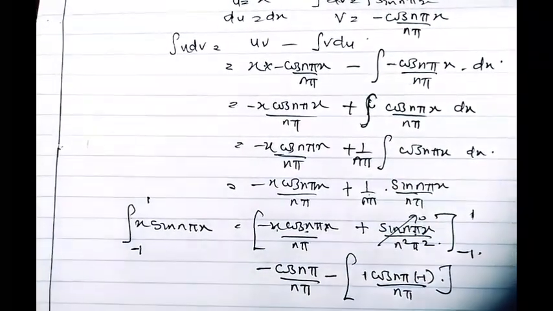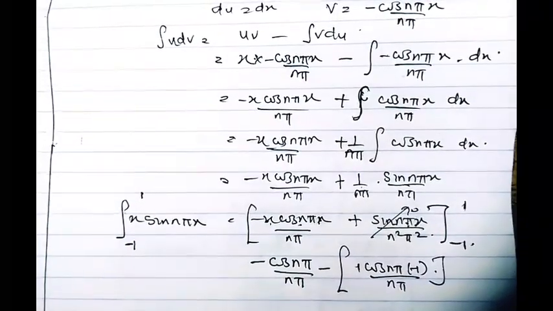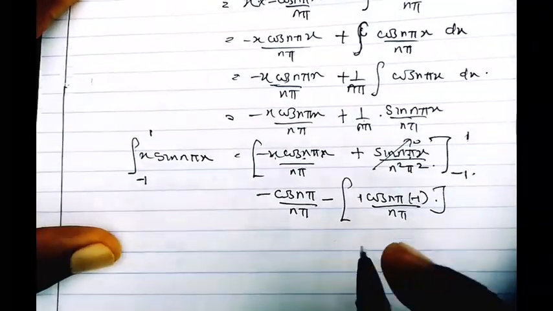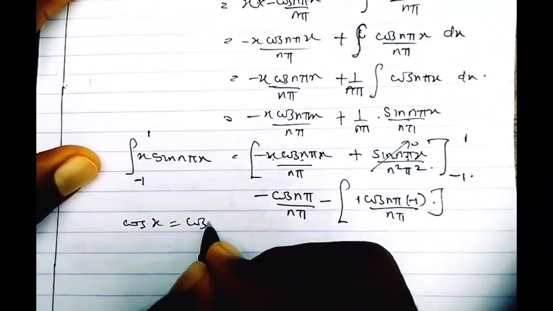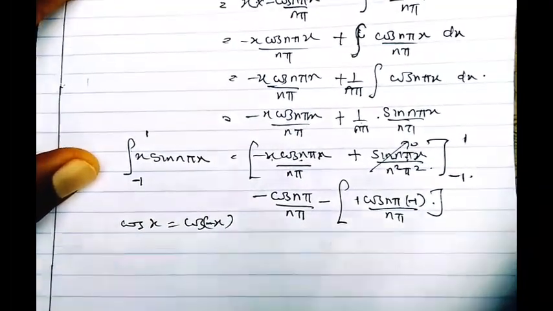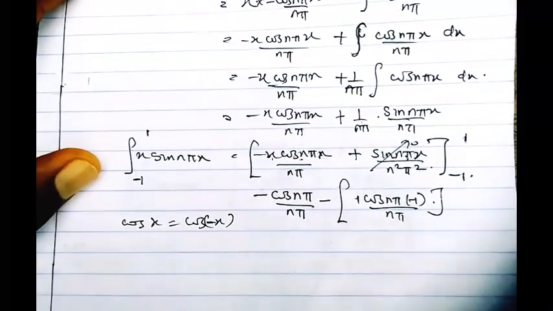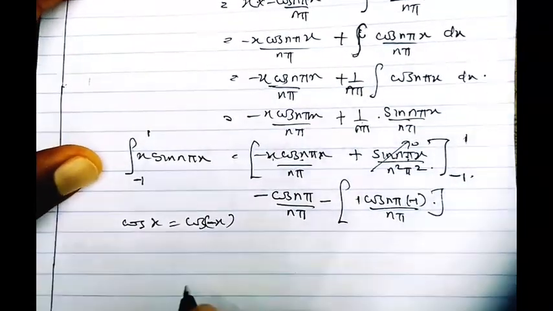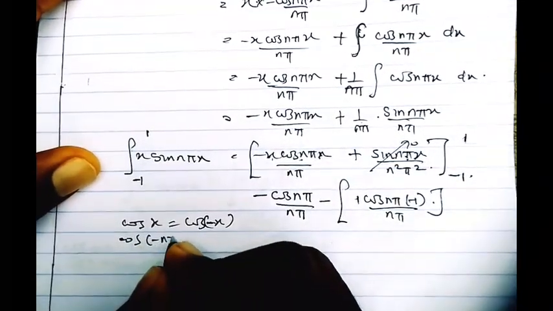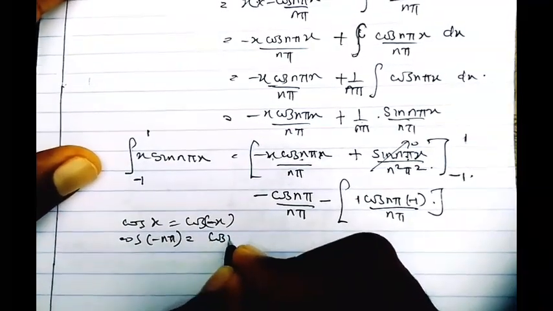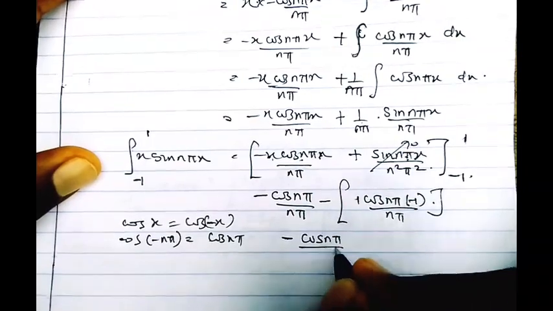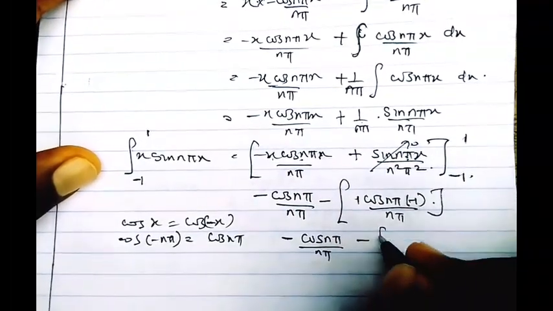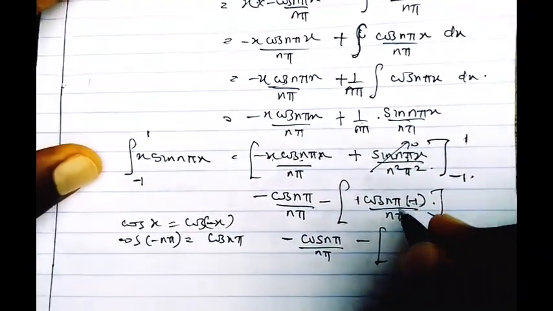So we evaluate. Remember, there's a rule that says cos x is equal to cos of minus x. This is a rule for even functions; cos is an even function. So cos of minus n pi is still the same thing as cos n pi. So this is minus cos n pi over n pi minus cos n pi over n pi.